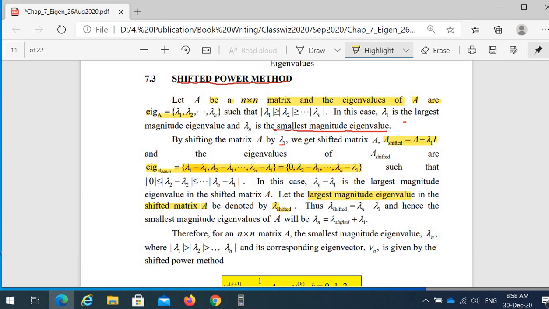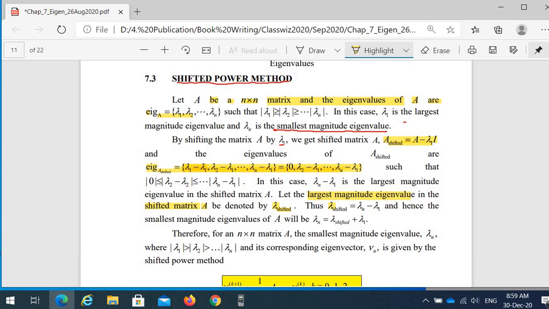So you see that in A shifted, the smallest eigenvalue becomes 0, because lambda 1 minus lambda 1. So the maximum eigenvalue will be lambda n minus lambda 1.